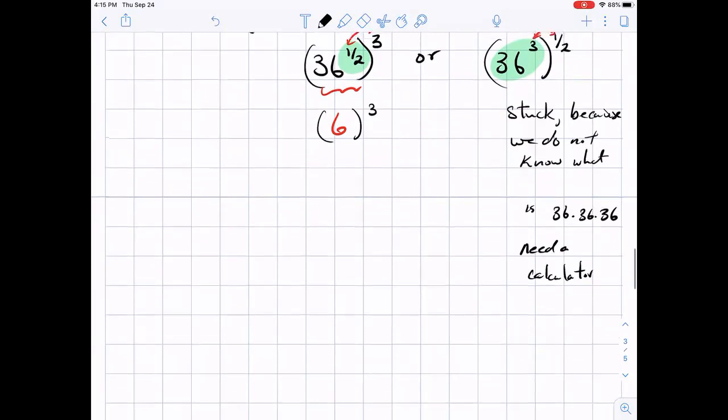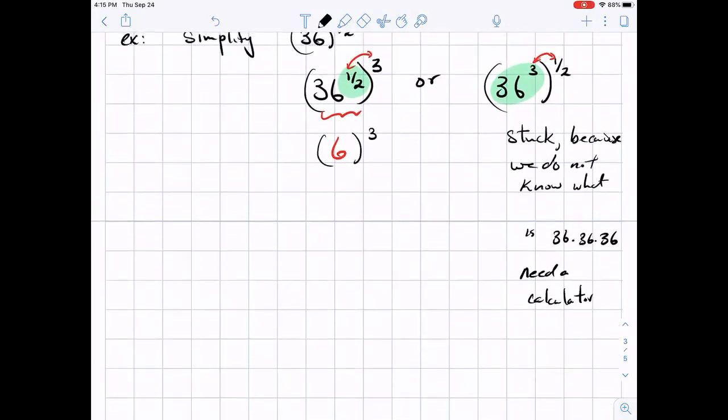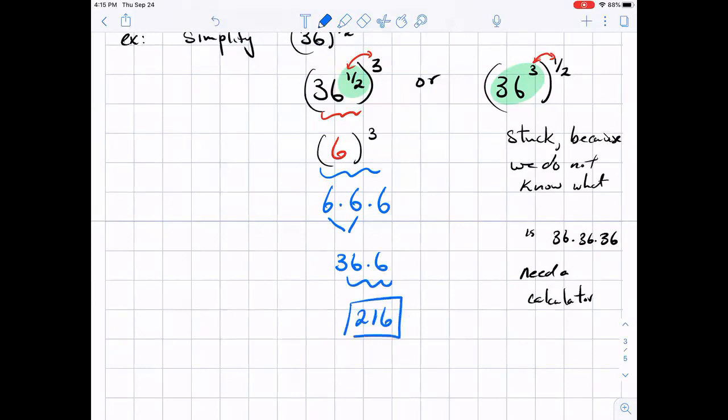However, going back to this side here, we know that this means 6 times 6 times 6. If we multiply 6 times 6, we get 36, times 6. And then if we multiply 36 times 6, that becomes 216. Okay, so this is 216.